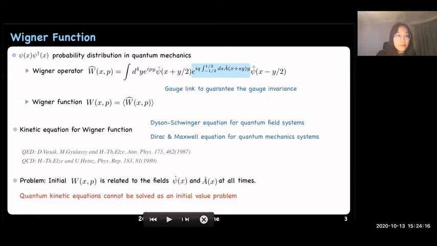In order to derive the transport equation, you first need the kinetic equation of the Wigner function, which follows from the equation of motion of the field operator: for a quantum mechanical system, the Dirac equation or Klein-Gordon equation, or for a system with interaction, the Dyson-Schwinger equation.